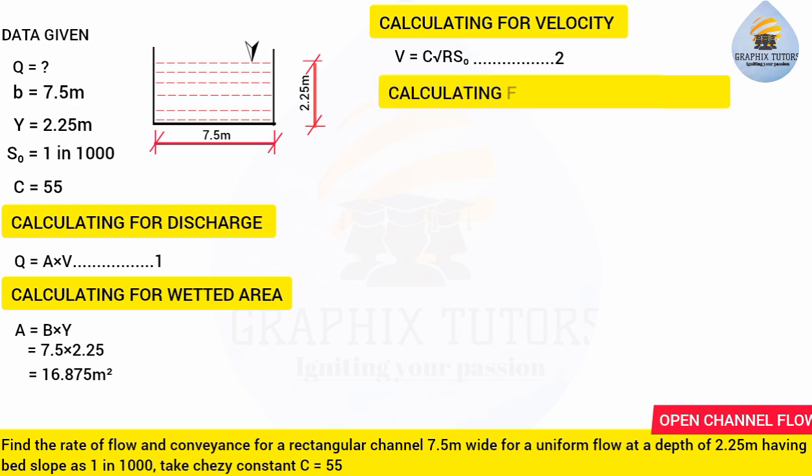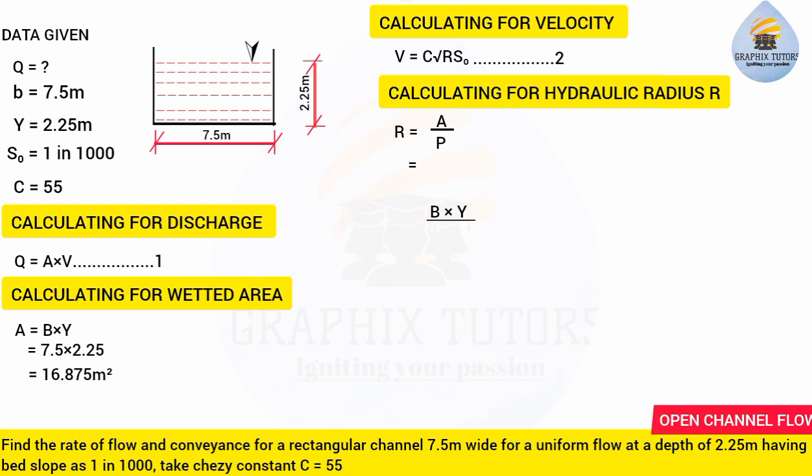Now for the hydraulic radius, R is the wetted area over the wetted perimeter. The wetted area we know earlier is given as the width times the depth of the channel, all over the wetted perimeter.